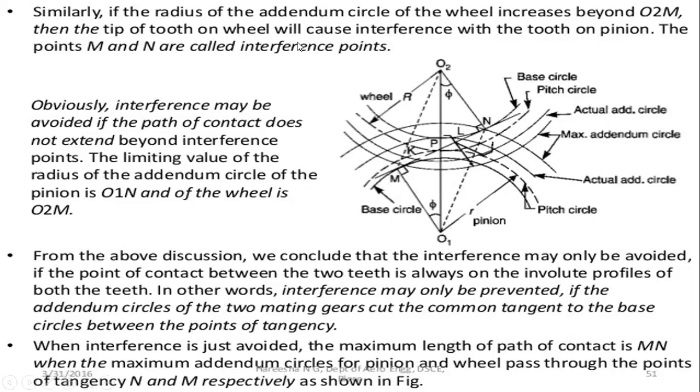So that is the only point. Whenever we avoid this interference, the maximum length of path of contact is MN. So this is the maximum length of path of contact. And the maximum addendum circles for the pinion and the wheel pass through these points of tangency. That means they must pass through this line only. So that is another approach you have to take.